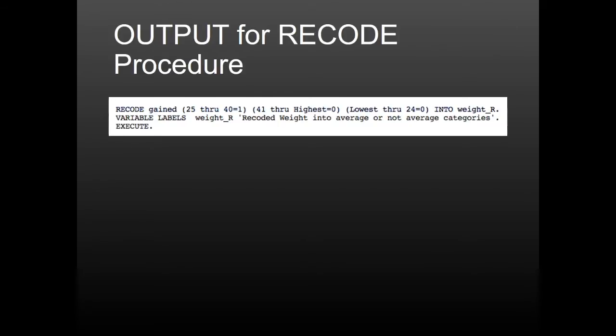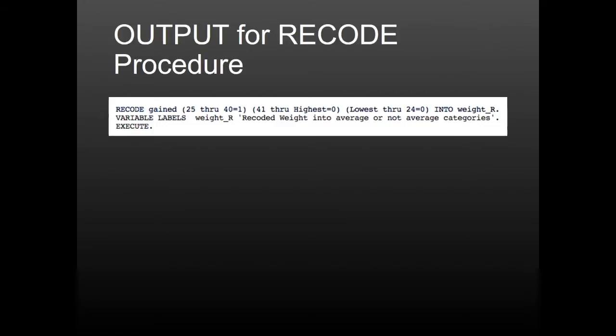Now, the one thing you have to remember is that you will need to go into your data set and go to your variable view and put in values, what 1 means and what 0 means in this new variable, weight underscore R. So 1 means a normal amount of weight gain during the pregnancy, and 0 is just an abnormal amount, so not the normal or the average amount.